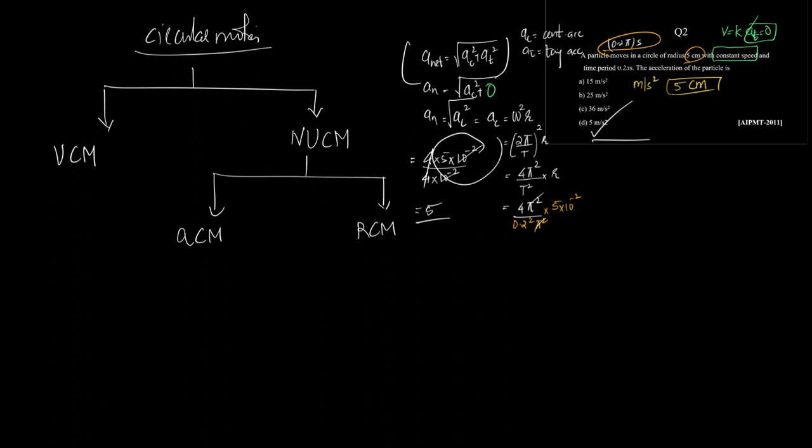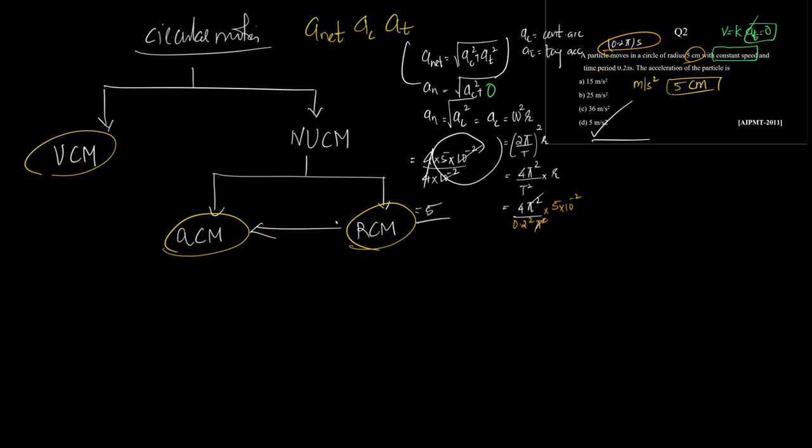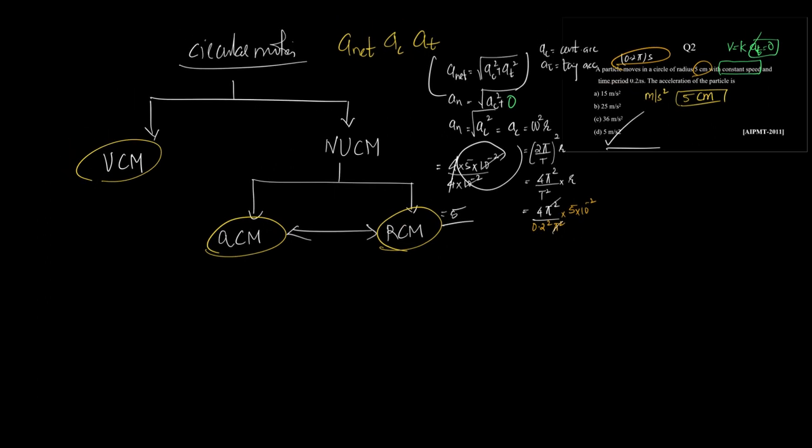So let us now discuss these 3: uniform circular motion, accelerated circular motion and retarded circular motion. In that we'll be discussing a net, a c and a t. How do we do that? We make use of a figure to understand the concept here. Let us also see what uniform circular motion is.